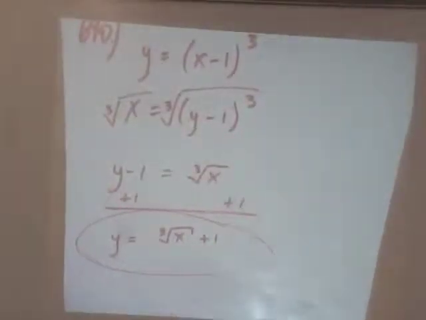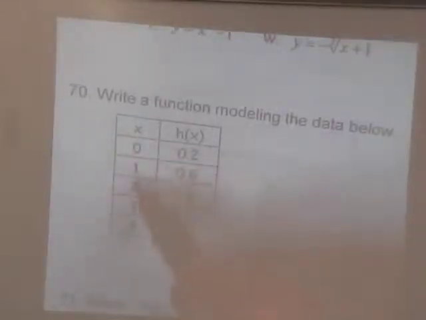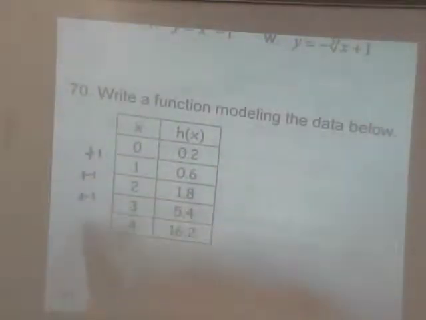All right, 70. Write the function modeling the data below. How much are my x's increasing by? The x's are increasing by 1 each time. Plus 1, plus 1, plus 1, plus 1.